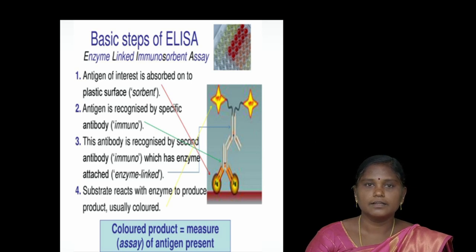As I said already, ELISA means enzyme linked immunosorbent assay. The first step is that the antigen of interest is adsorbed on the plastic surface, which is known as the sorbent. The diagram shows the first step at the bottom with the arrow mark.